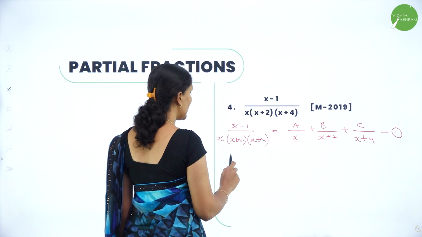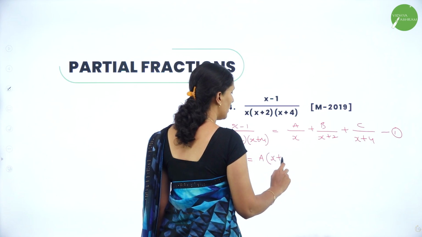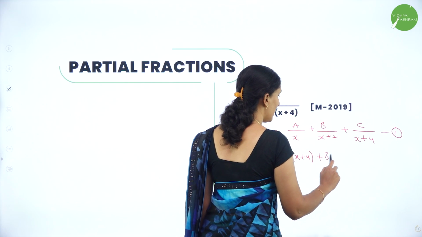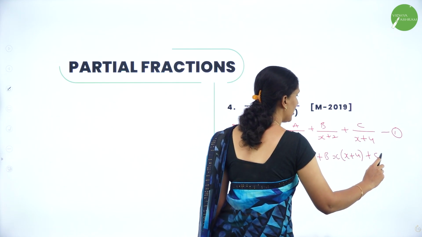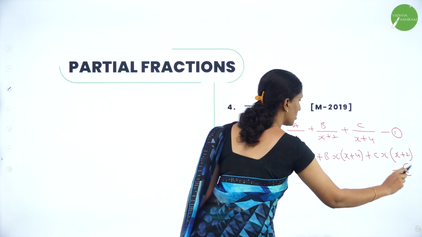So taking LCM and equating, we'll get x minus 1 as a into (x plus 2)(x plus 4) plus b into (x plus 4) plus c into (x plus 2). Take this as equation 2.